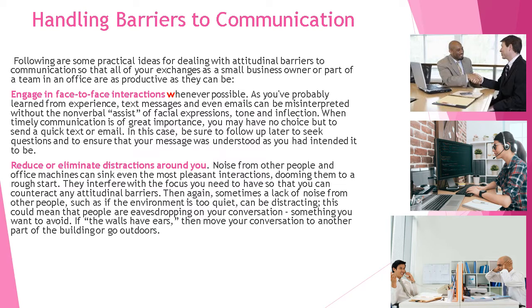So you need to sit in the quiet area, in the silent area, but sometimes if too much quiet is there, it can be distracting. It can mean that people are eavesdropping on your conversation, something you want to avoid. The walls have ears also, so you may move your conversation to another part of the building or go outdoors. So you need to sit in a proper area whenever you are having a conversation.